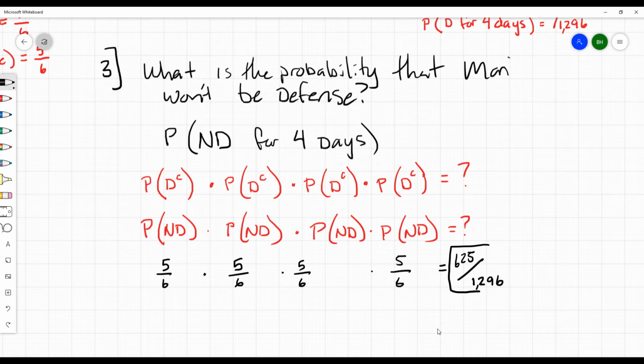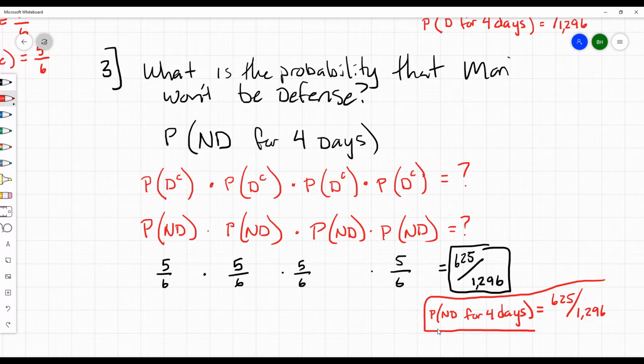So we have 625 out of 1,296, which is the probability for not getting the defense for 4 days. We rewrite our answer as 625 over 1,296. And then this would be the answer that I'm looking for.